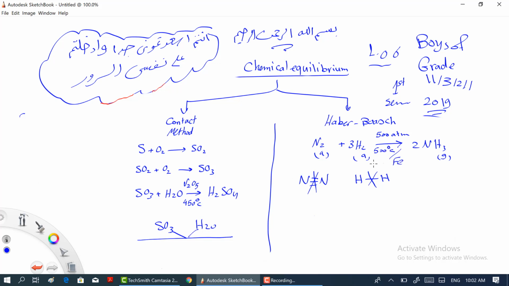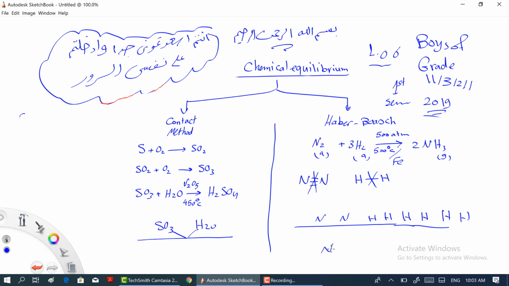The iron catalyst over its surface takes the bond between the nitrogen atoms and makes them single nitrogen atoms, and breaks the bonds between the hydrogen molecules.